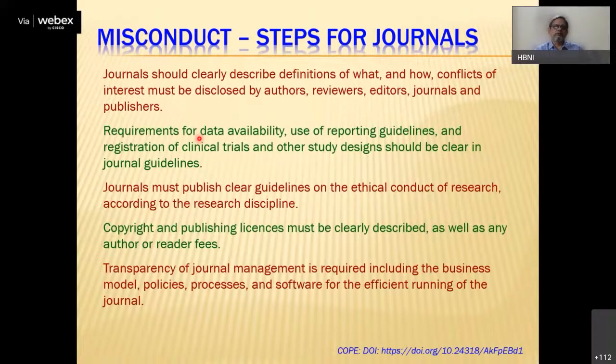And then journals must publish very clear guidelines on the ethical conduct of research according to the given research discipline. Then the copyright and publishing licenses must be very clearly described. Okay. And then in case there are any author or reader fees. Now, many journals have two options for publishing a paper. You can make a payment, which is called publication charges, to the journal.